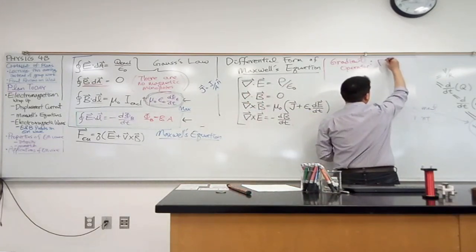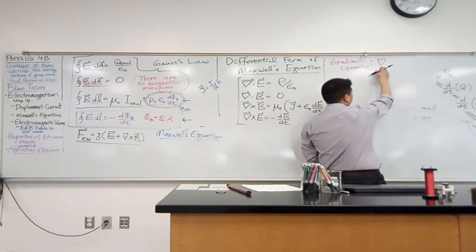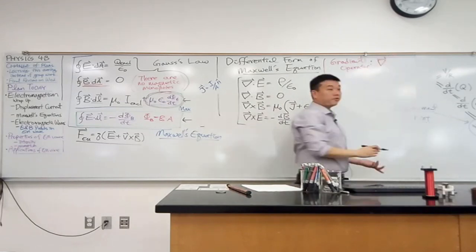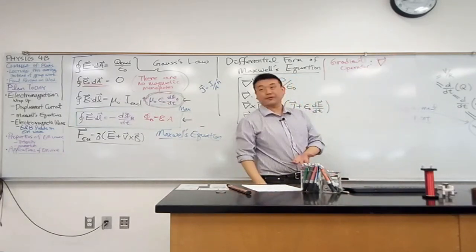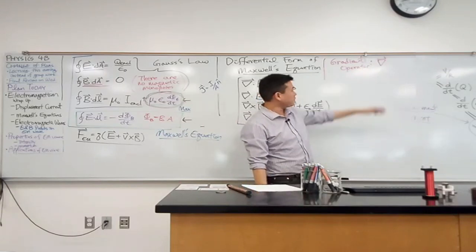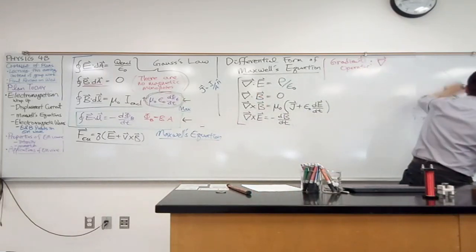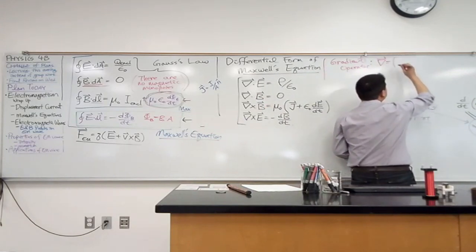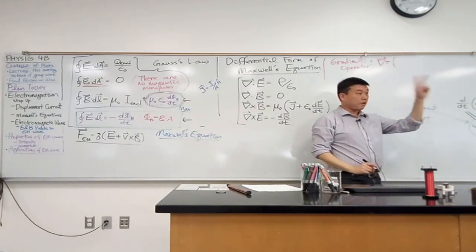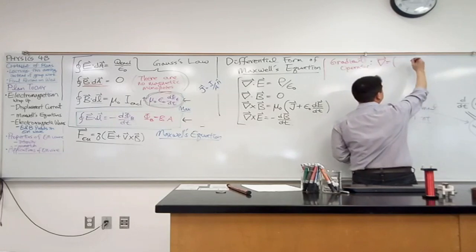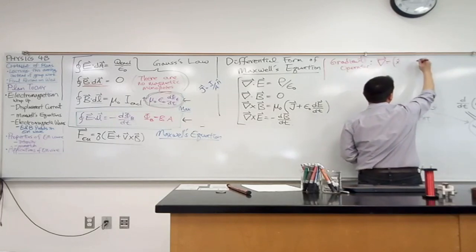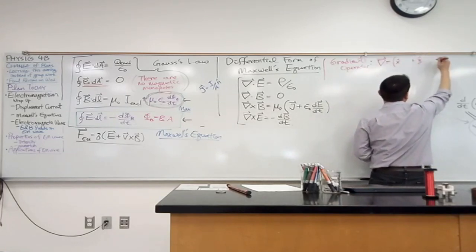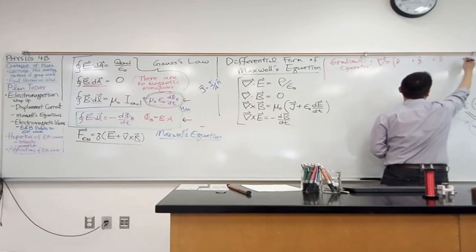It's represented by this upside down triangle with a little vector thing on top. It's because it's a vector operator. Let me write down its form in the Cartesian coordinates. In Cartesian coordinates, it has 3 components, x hat, y hat, z hat.